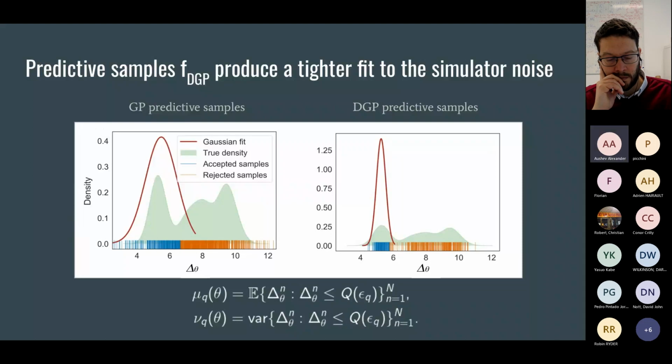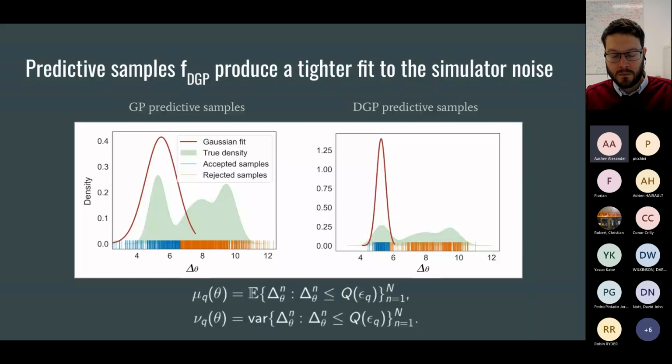And what we propose is to use the quantile-based filtering idea, where we essentially filter the predictive samples of the deep Gaussian process according to some quantile function q, where it takes the percentile as an input.